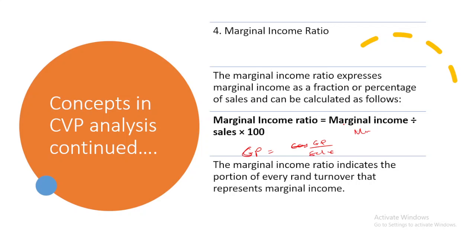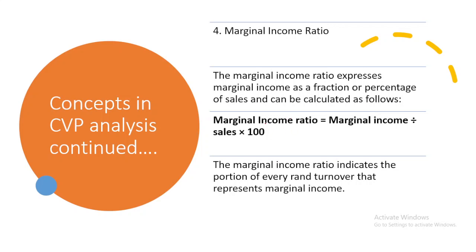So this one is the same as gross profit, but this time the terminology is marginal income, which comes from your sales minus variable cost. This will give you your marginal income, and then marginal income divided by sales will give you the marginal income ratio, which is the same as the gross profit ratio.